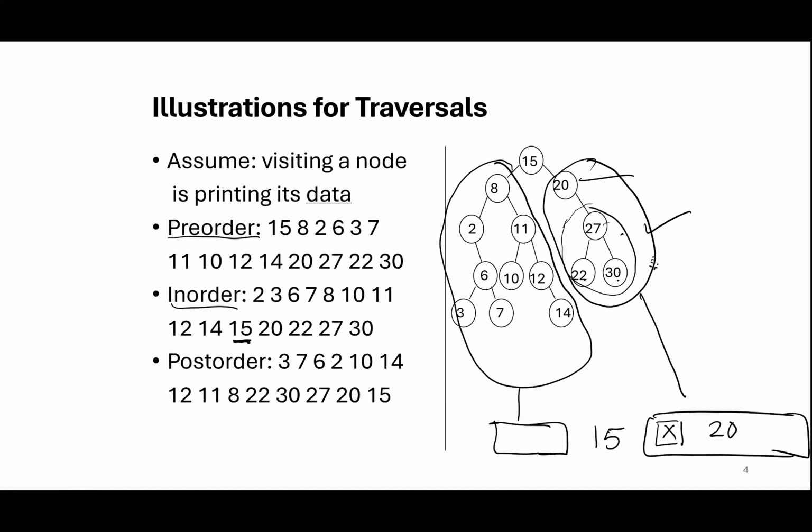Again, in the right, I also have to do left first. Left is 22, then visit 27, then right. Instead of visit, you can just say root. Left, root, right. So can you see that after 15, it's 20, 22, 27, 30. Clear? Okay, so that's in order.